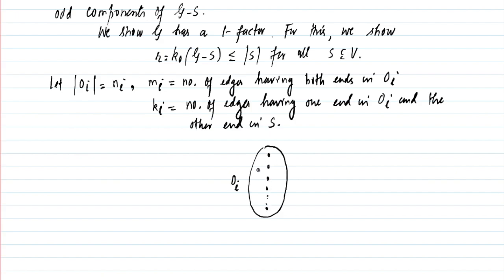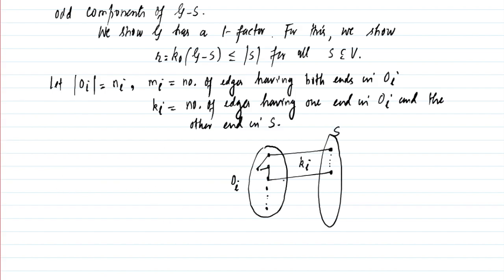Now there may be adjacencies within this Oi, and there may be adjacencies from Oi to some vertex set of S like this. Assuming that the number of adjacencies from Oi to S is equal to ki, the number of adjacencies within Oi is equal to mi, and the order of Oi is equal to ni. So this is our set S.